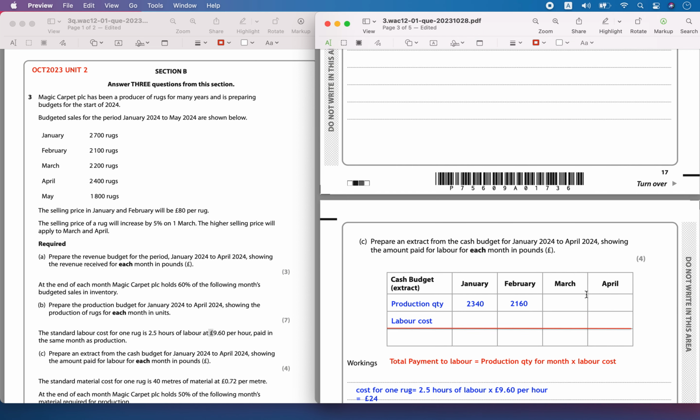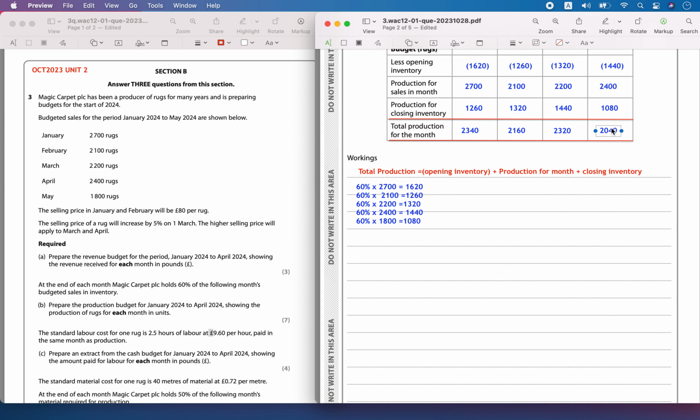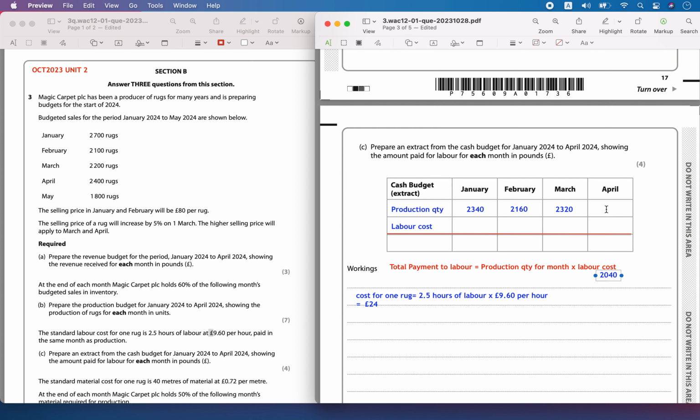Then for March, 2320, and for April it is 2040. Then you have 24 pounds that needs to be paid to the labor, because it is the same cost for one rug.